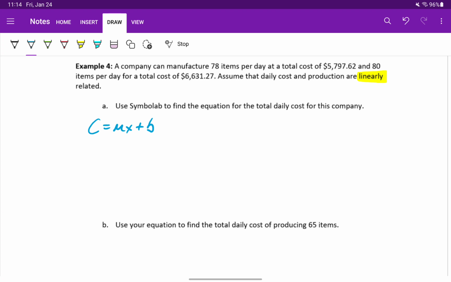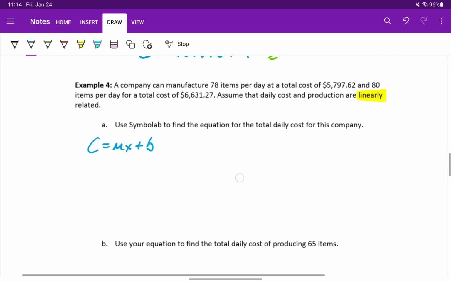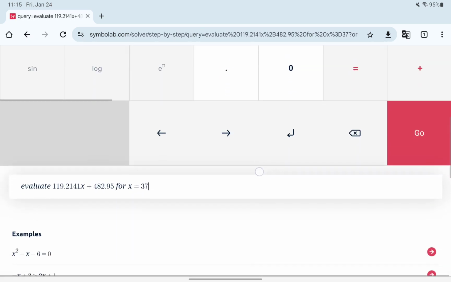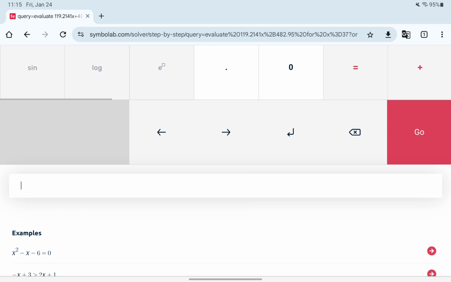In this case though, what we're given are 2 xy coordinate pairs. We have a production level and a total cost, so we could call those x1 and y1. Then we have a second production level and then a total cost that's associated with that. Grouping those as 2 coordinate pairs, we can ask Symbolab to find a line through those 2 points.